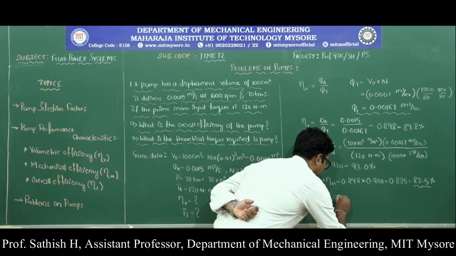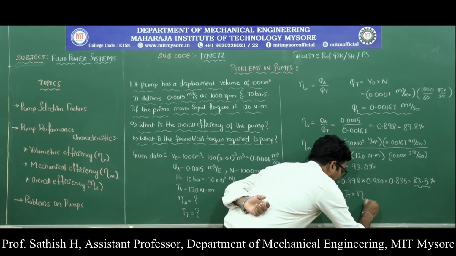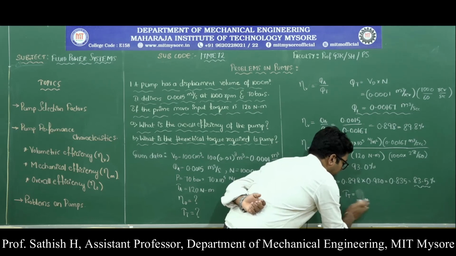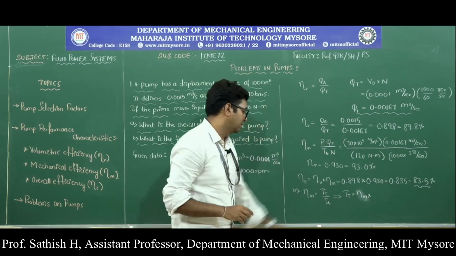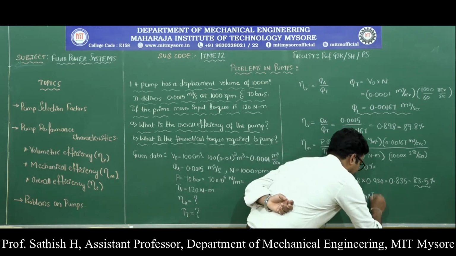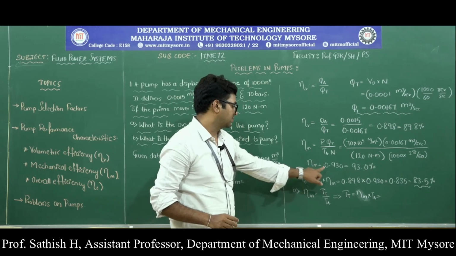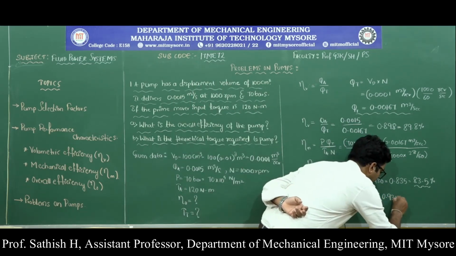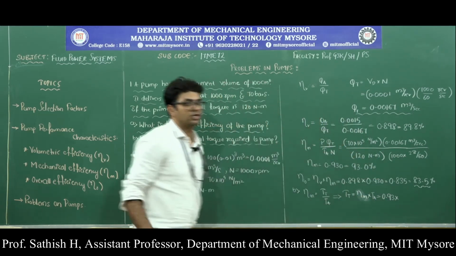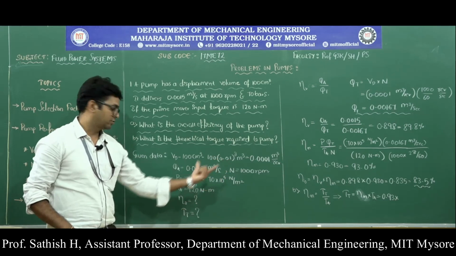So this implies theoretical torque is equal to the mechanical efficiency, nu m, multiplied by the actual torque, TA. So the mechanical efficiency here is 0.93, multiplied by the actual torque given in the problem, that is 120 Newton meter.